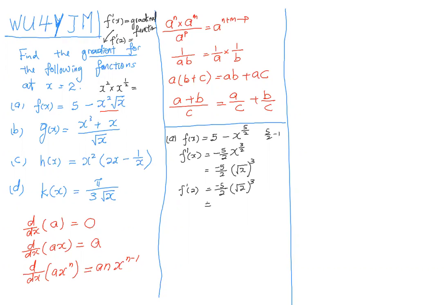Okay, Amira, what is negative √2 cube? Do you know the meaning of √2 cube? √2 cube means √2 times √2 times √2.